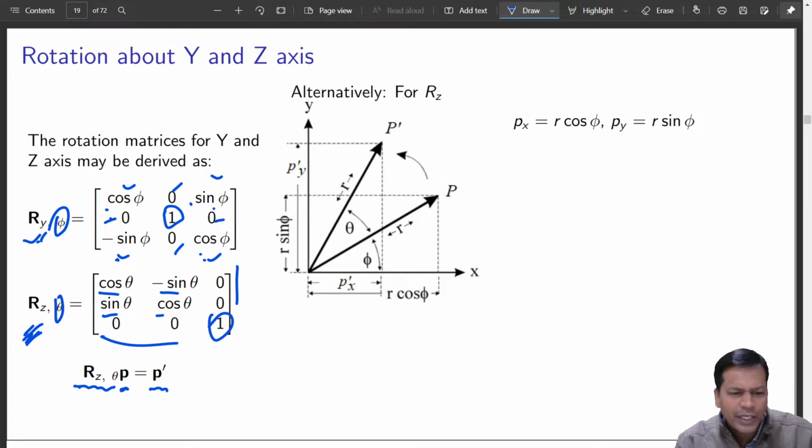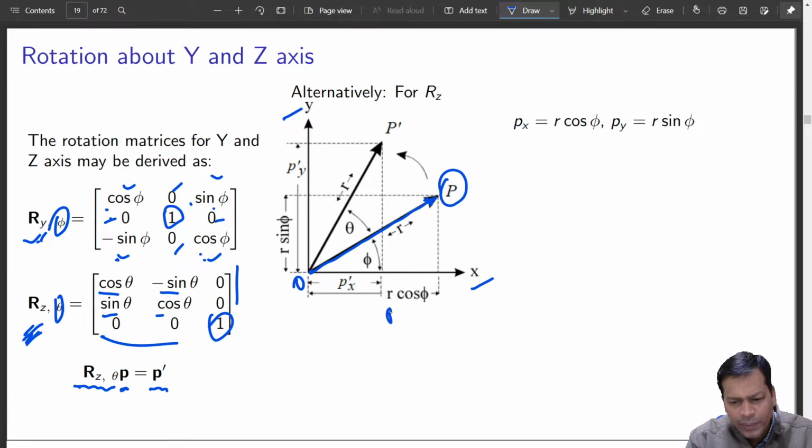So let me see if I can derive it geometrically. Let us say you have a point P, which is at a distance r from the origin, that is O. This is your x-axis, y-axis. So the initial point location will be, this is your px from here to here.